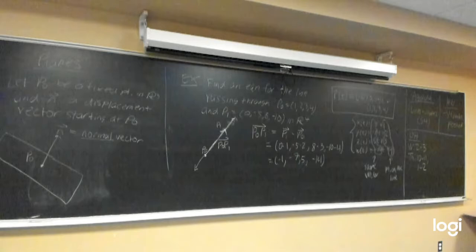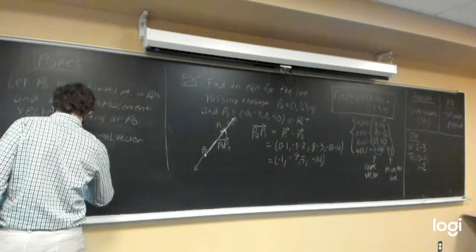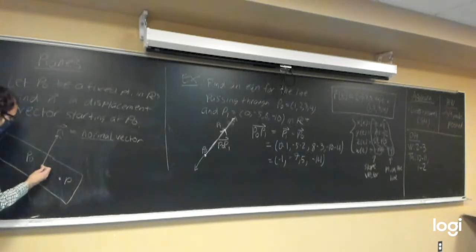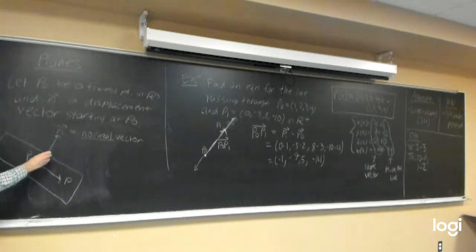A plane is going to be a set of points, P, where if you were to take the displacement vector from P naught to P, it would form a right angle with N, our normal vector.